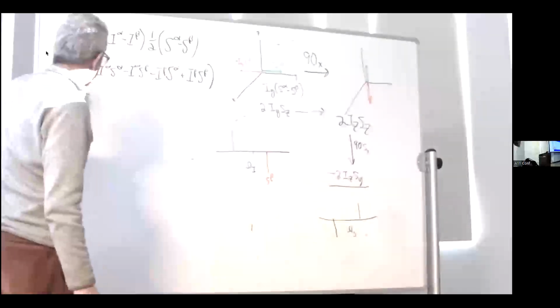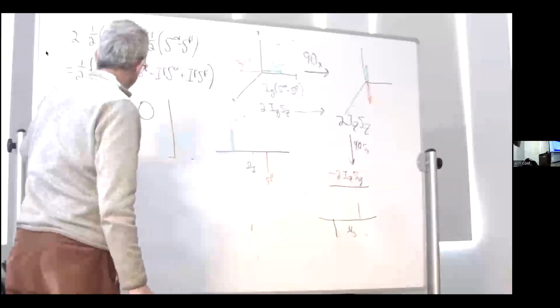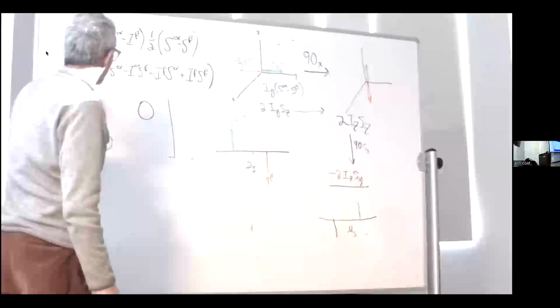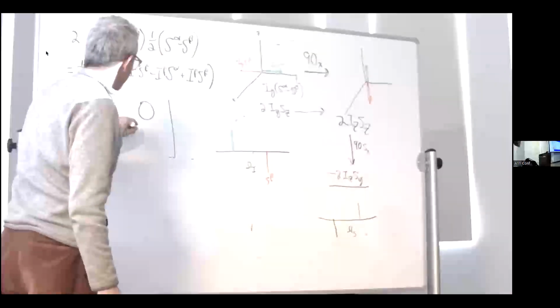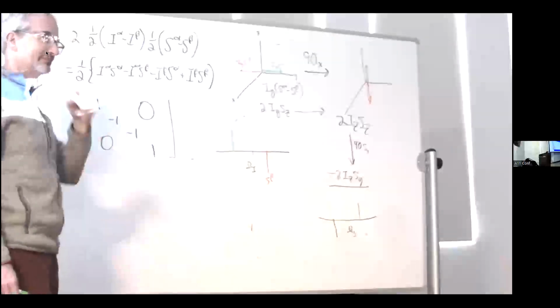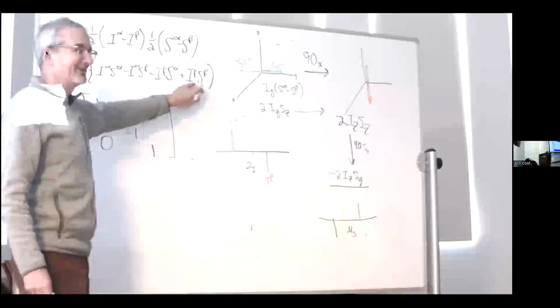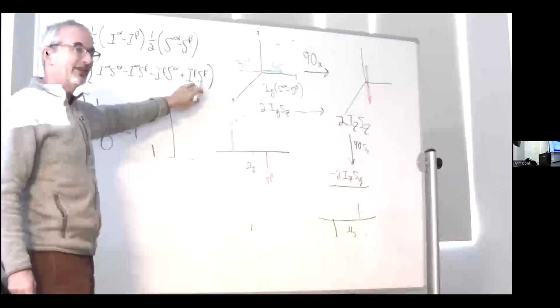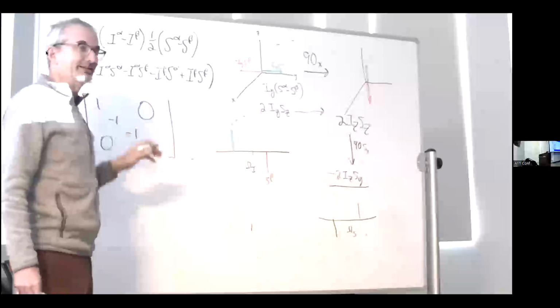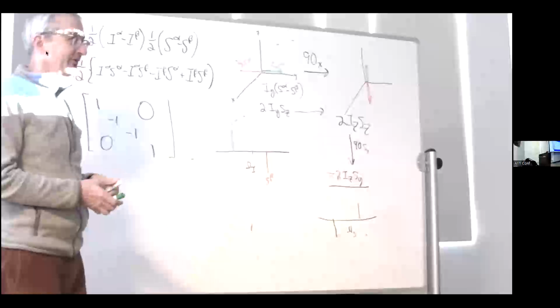And in my matrix, this is the diagonal 1, minus 1, minus 1, 1. So the difference in populations between the double quantum states minus the populations of the zero quantum states is what we call two-spin order.